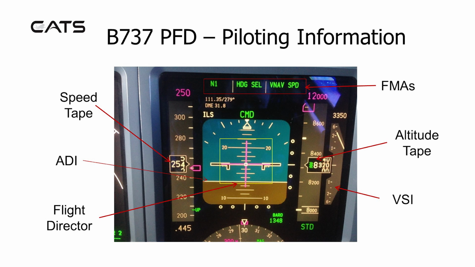The flight director, shown in pink, magenta fly to, is a cross in the centre of the screen, which forms part of the ADI. And the speed tape is on the left, showing a current speed of approximately 254 knots.